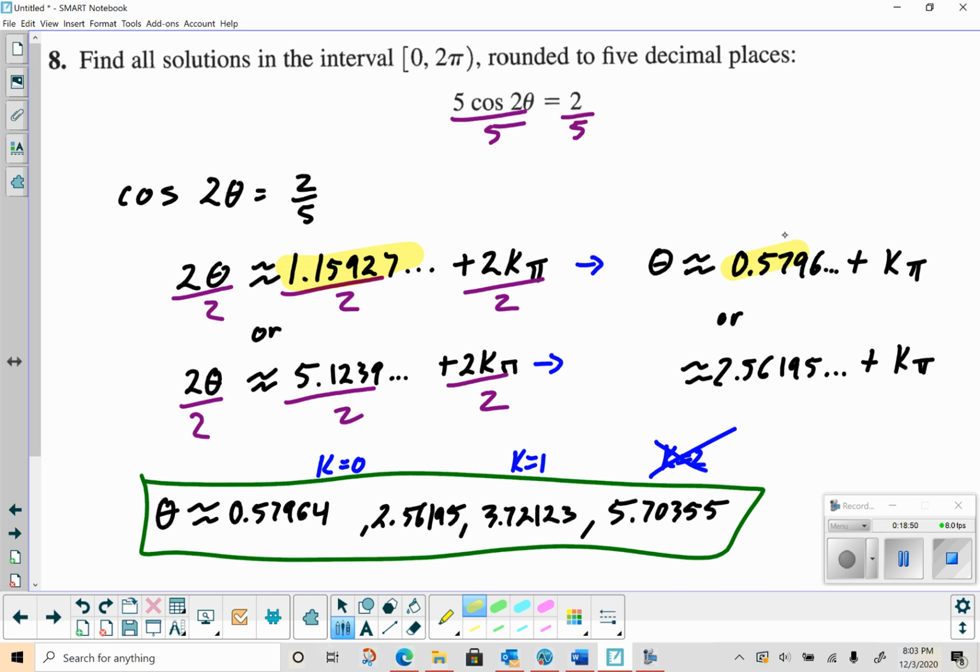Let the calculator, as best you can, deal with the messy numbers. Let it add pi going past the number of decimal places that is requested. And once you've established this out to 6 decimal places, then you can round it off to 5. Okay, don't do the rounding too early.